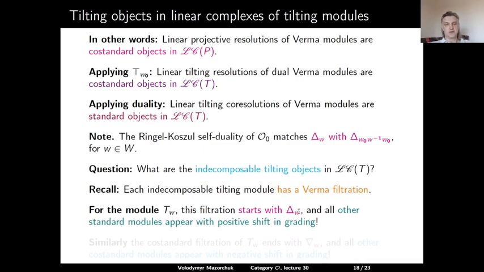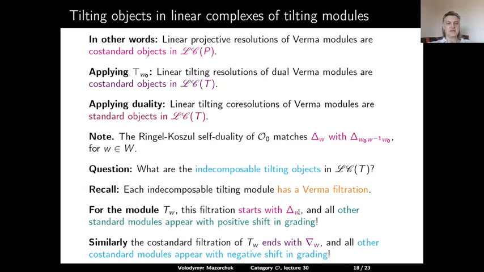This is because of the positive grading on O, and because the Ringel duality preserves this positive grading. Similarly, any costandard filtration of T_w ends with ∇_w, and all other costandard modules appearing in this costandard filtration appear with strictly negative shifts in grading.